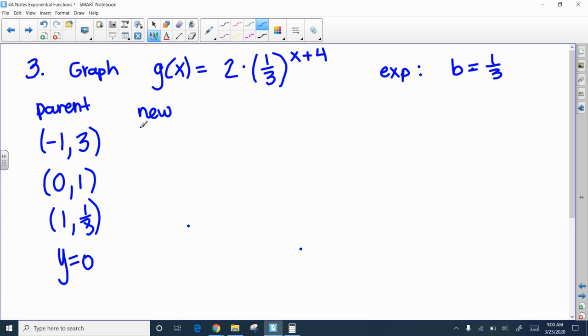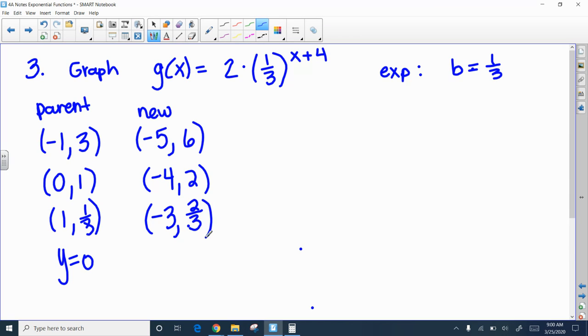Our transformed points would be -5, 6, -4, 2, and then -3, 2/3 or 0.67, depending on if you used a decimal approximation. And then we would still have y equals 0 as our transformed asymptote.